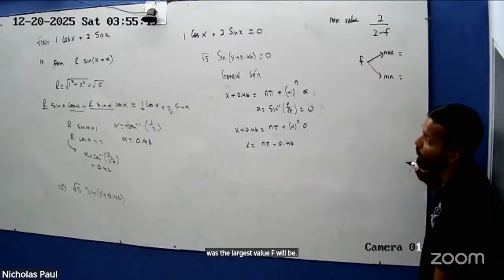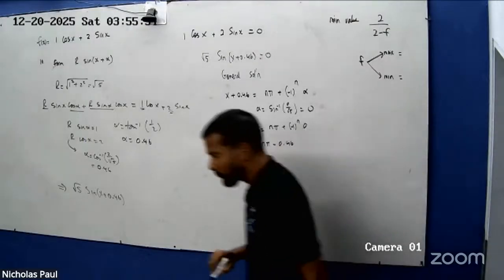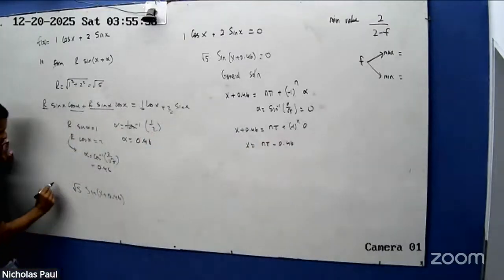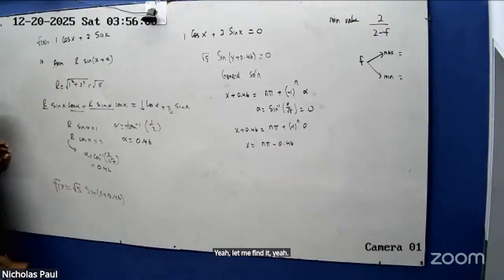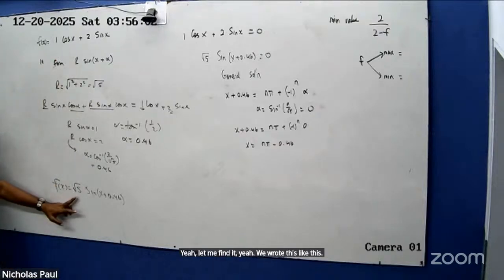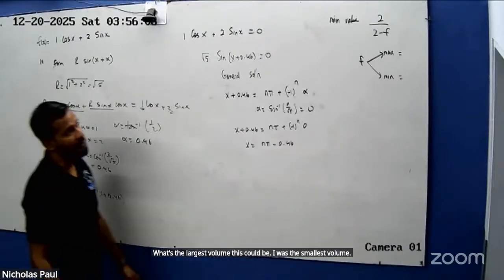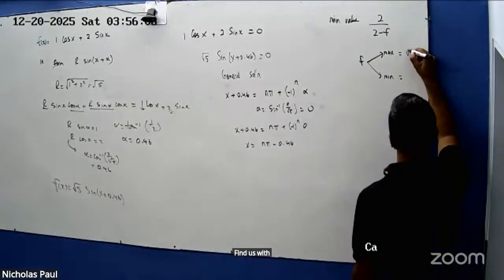You found it earlier. We wrote this like this. What's the largest value this could be? And what's the smallest value? Minus root 5. So the maximum value is root 5.